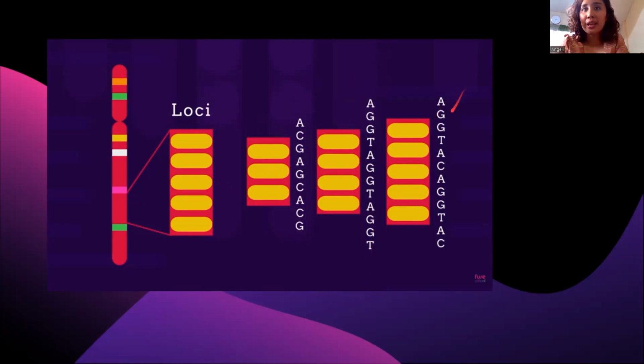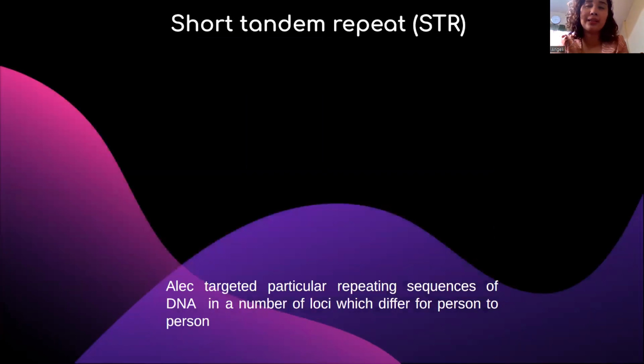And AGGT, ACA, GGT, AC. Anyway, in the non-coding region, in our introns, guys, there are repeating tandems. That is what we will discuss, because that is our fingerprint.